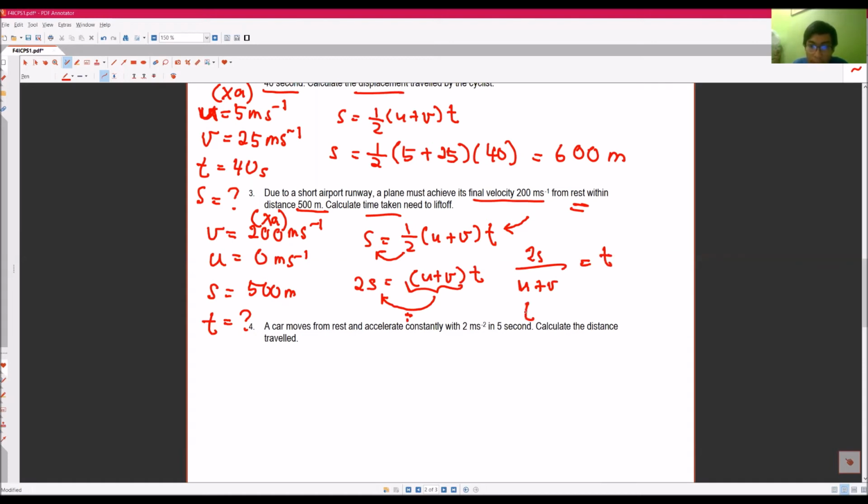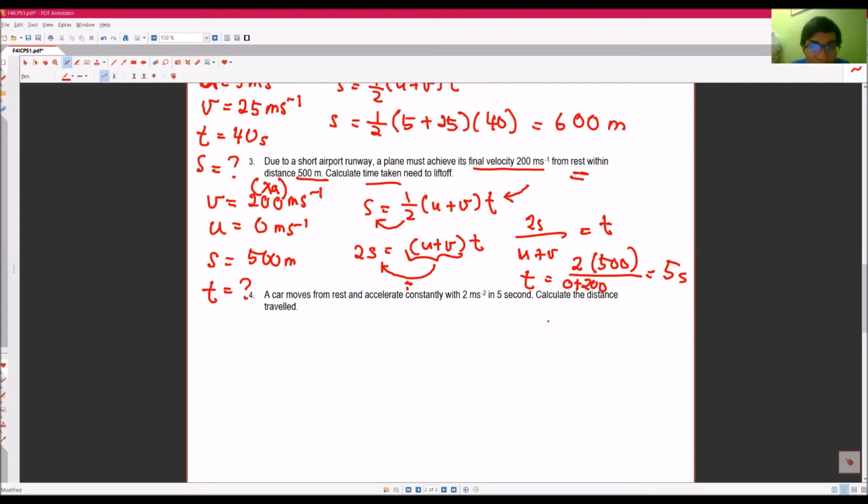Then we plug in the values: 500, u is 0, v is 200. 500 times 2 divided by 200 is 5 seconds.